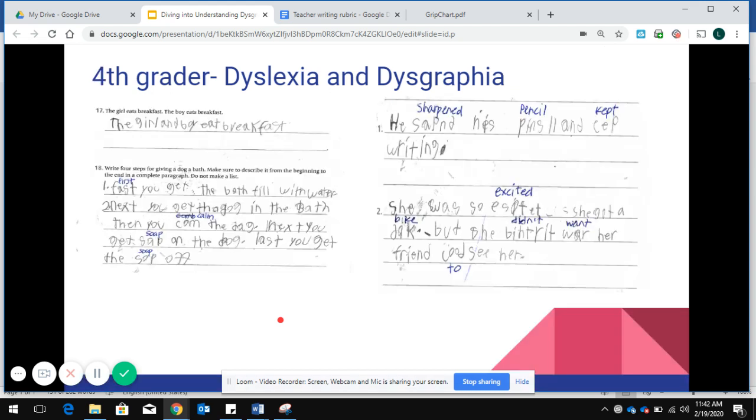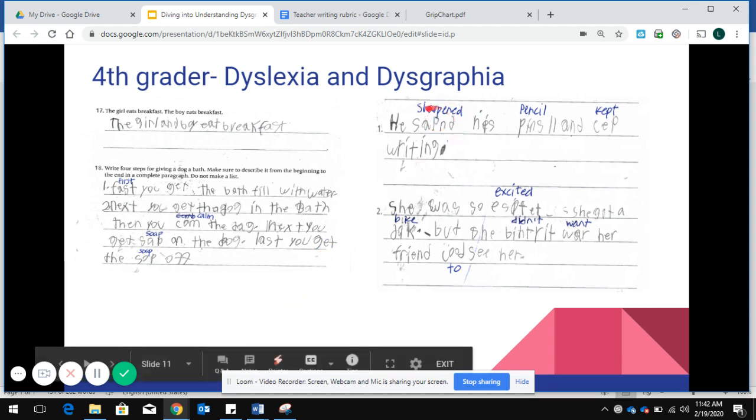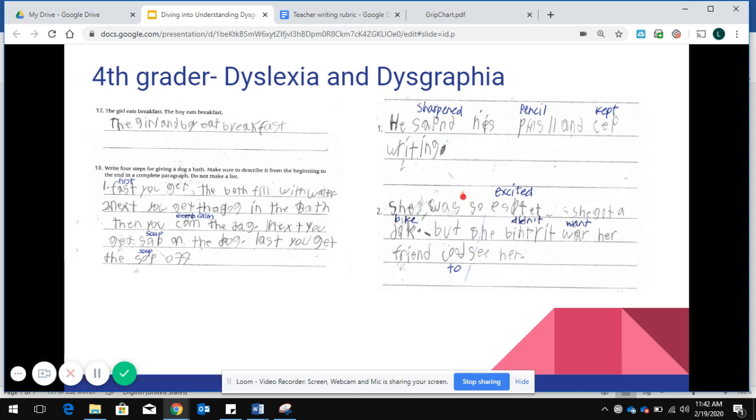Okay, here's a handwriting sample of a 4th grader. Let's see, what do we have in here? We have spelling difficulties, right? We have difficulties with letter formation.